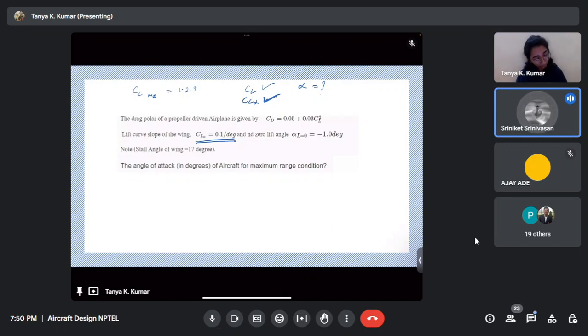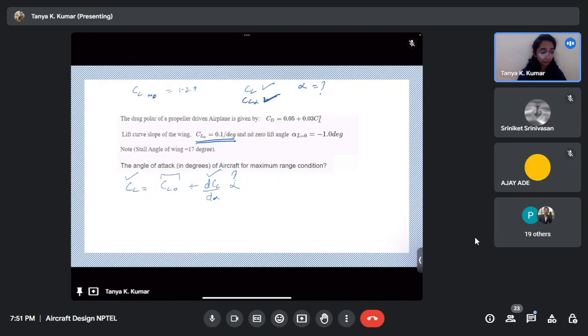Correct. So CL is CL naught plus dCL by d alpha into alpha. You have CL, you have the slope, you need to find alpha. Before that, what else is missing? You need to find out CL naught. How do you find CL naught? So this was your CL versus alpha graph.